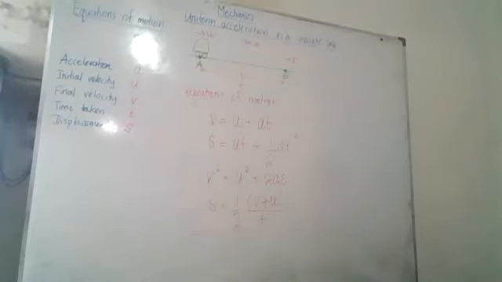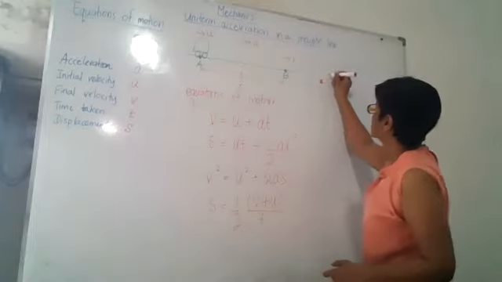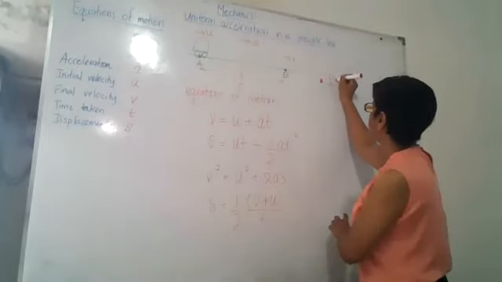Okay, first bullet point, and this is the most important point. So you put the bullet point and you also write important in red, in block letters.